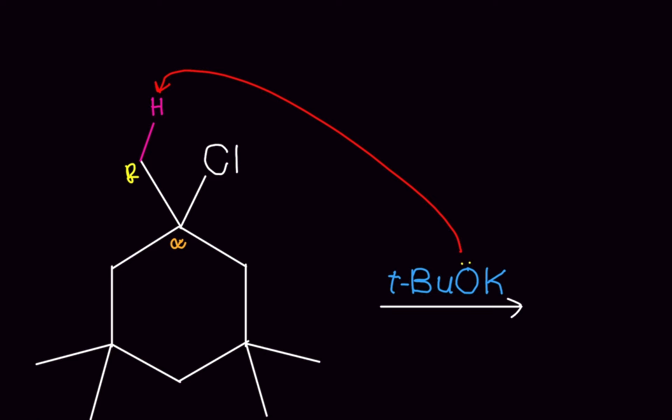Okay? So when this happens, the proton now is gone. It goes with the base. The bond between the beta carbon and the hydrogen now turns into a double bond between the alpha and beta carbon. So whenever you do an E2 reaction, the double bond always forms between the alpha carbon and beta carbon. So let's draw that in. Like that.